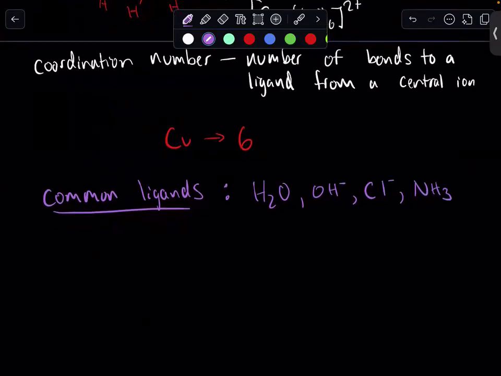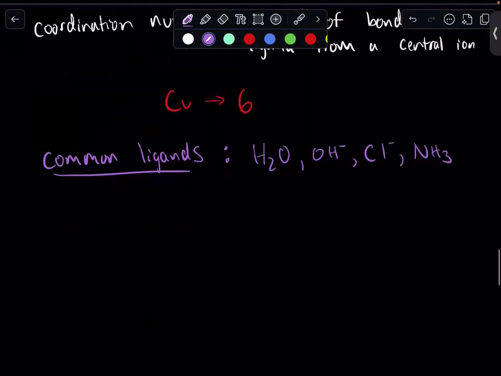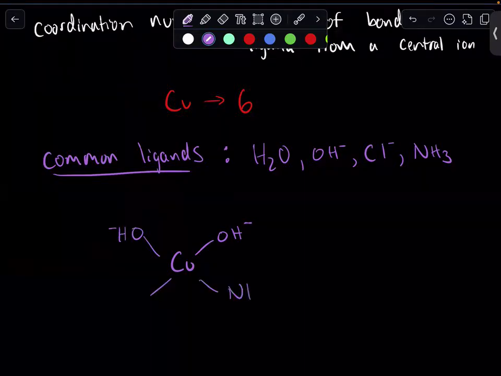Now, something to be careful about is that if we start looking at different charges or maybe different coordinations, if you have Cu bonded to one hydroxide, another hydroxide, an ammonia, an ammonia, and let's say one more ammonia and one more hydroxide.